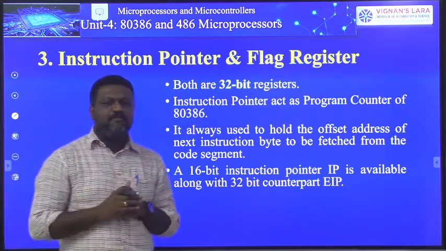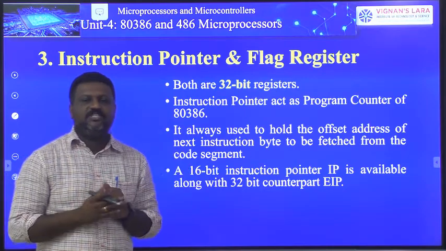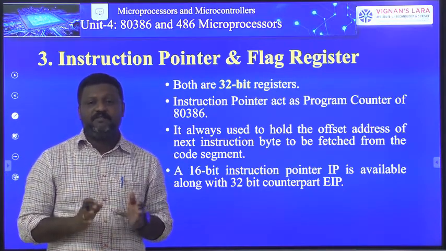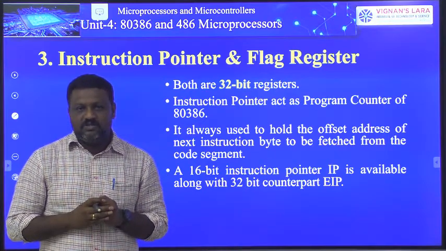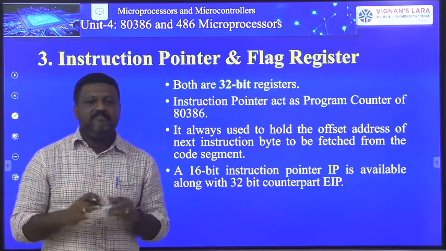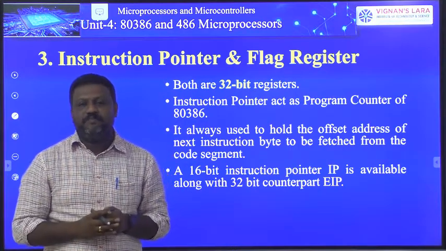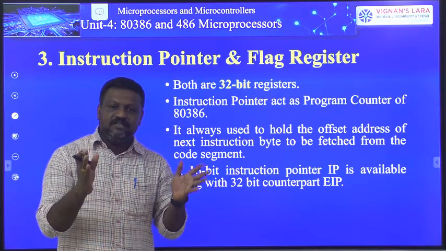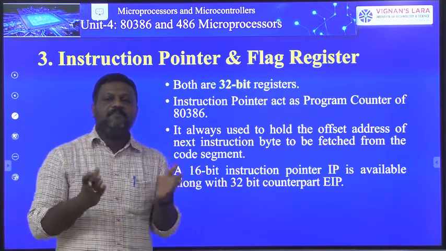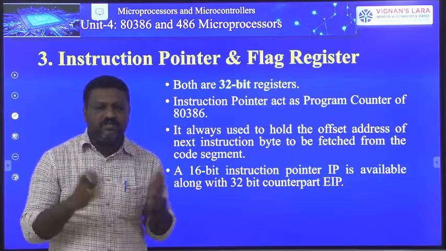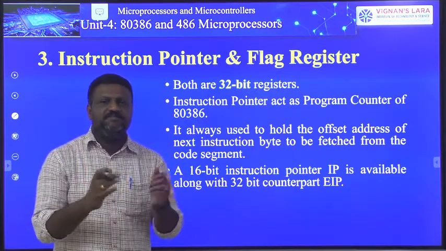And one more point I would like to add about the instruction pointer IP is that its function looks just like our program counter PC. In 8086 or in 80386, we don't find a program counter PC. What is the job of the program counter PC? Generally, the program counter always points to the address of the next instruction we are going to fetch from memory.